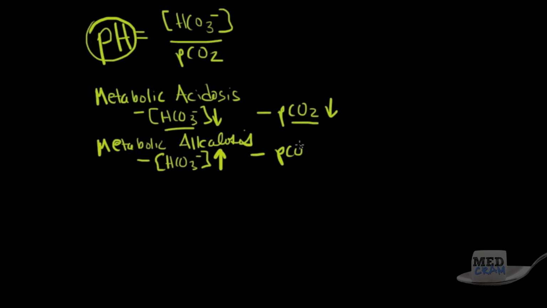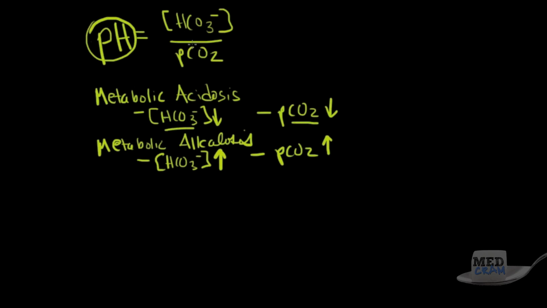And it's going to do it immediately. It's going to happen very fast because the lungs can adapt very quickly to this slow metabolic problem. So in a metabolic acidosis, you'll see bicarb goes down, PCO2 goes down. In a metabolic alkalosis, bicarb goes up, PCO2 goes up.